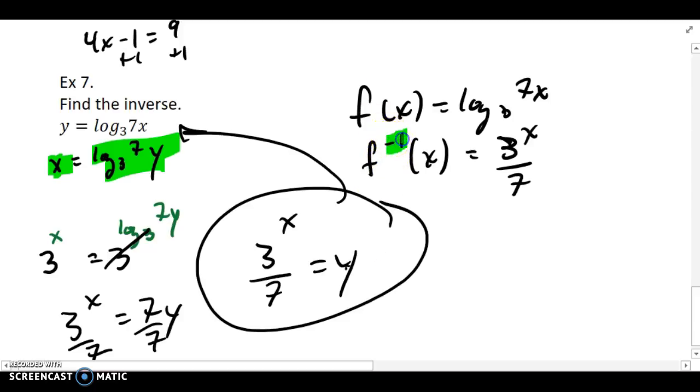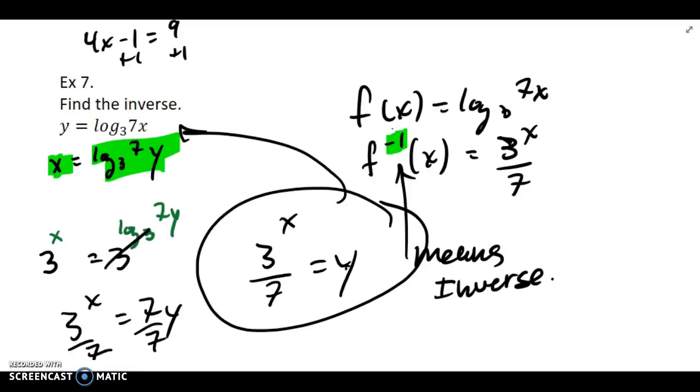So this right here in function notation means inverse. All right? So that's what's different about y's is they're the same, whether it's the same or inverse, they're identical, right? But in function notation, the inverse always has a negative 1 to let people know. That's why I like function notation better, because it tells us more information. So I know which one is the original function and the inverse with function notation because of the negative 1.